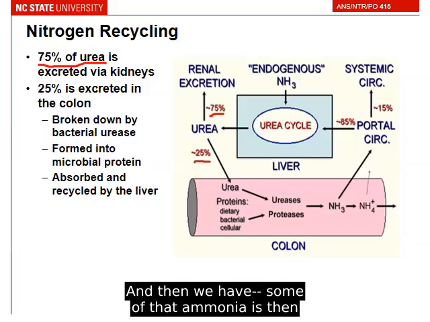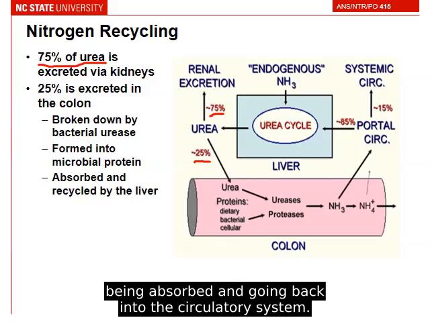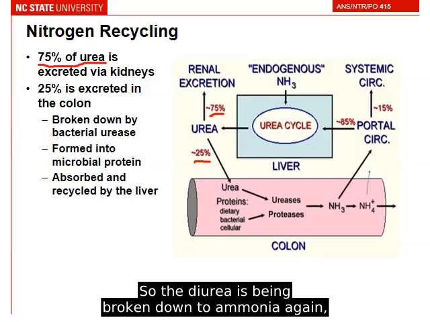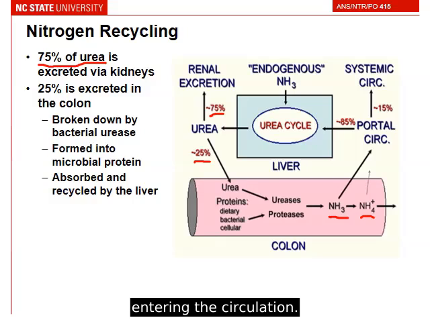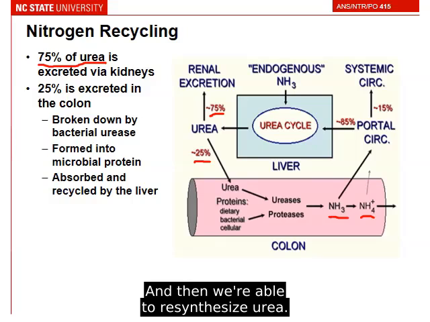And then some of that urea or ammonia is absorbed and going back into the circulatory system. So the urea is being broken down to ammonia again, a little bit as ammonium, and that's entering the circulation, and then we're able to resynthesize urea.